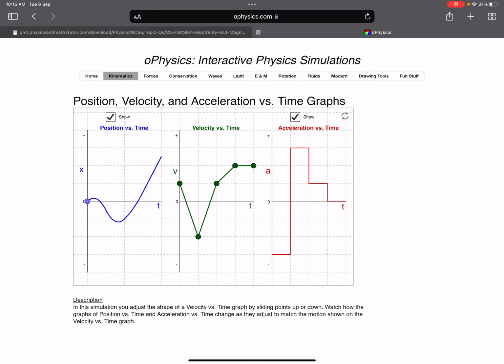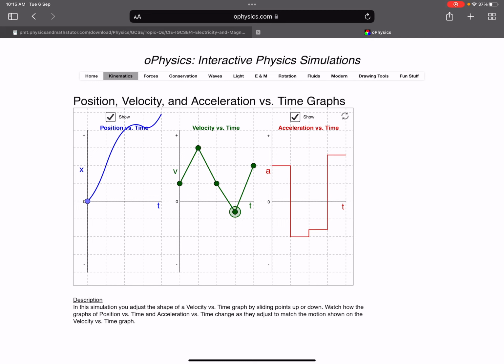So for this point to this point you have the positive acceleration.